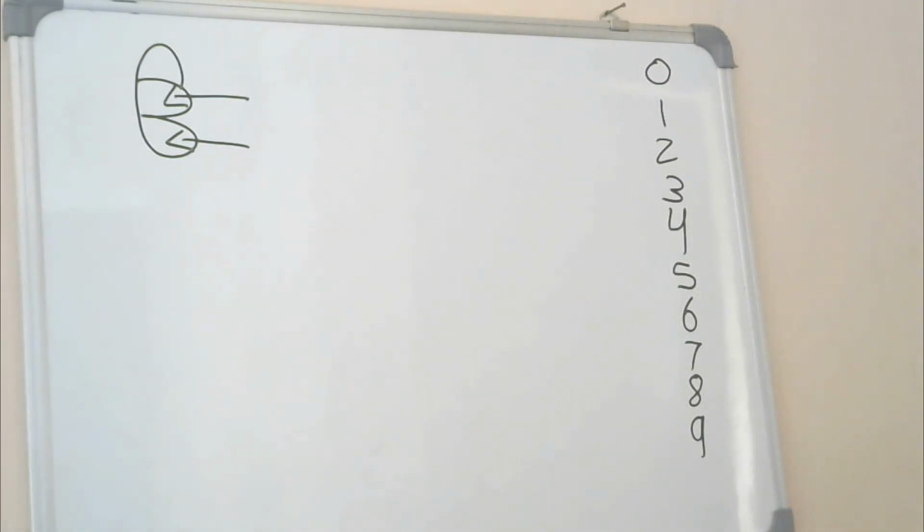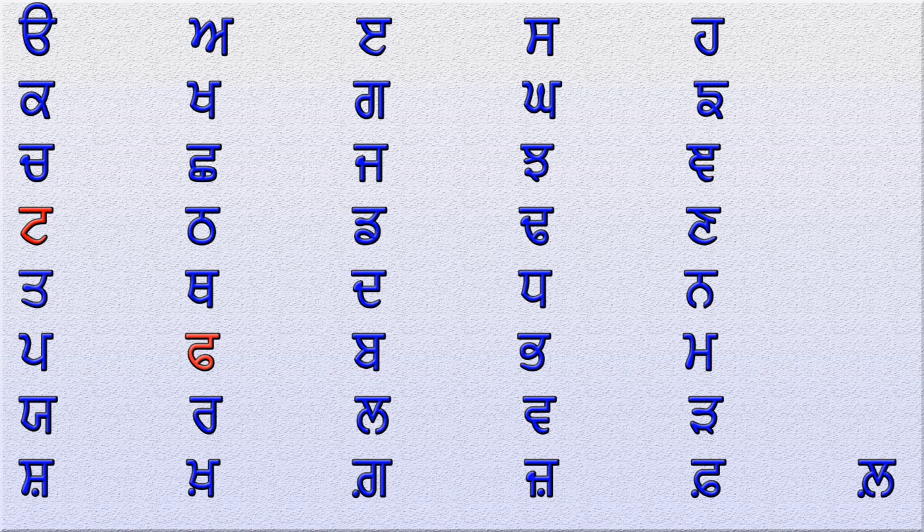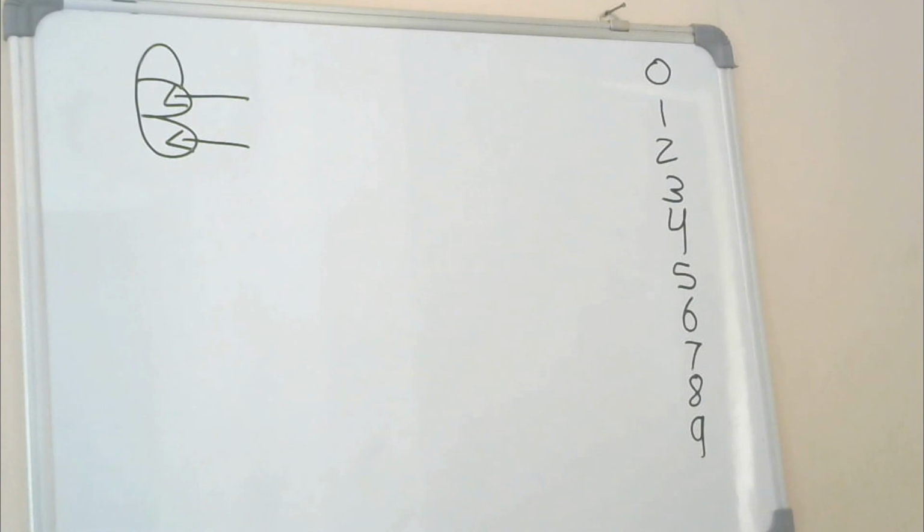But it doesn't matter. If you write it how it is showing on the computer or how it is showing on the whiteboard, people will be able to understand it. So this is the first letter that we covered. It is Uda. The second letter that we are going to discuss is Ada.